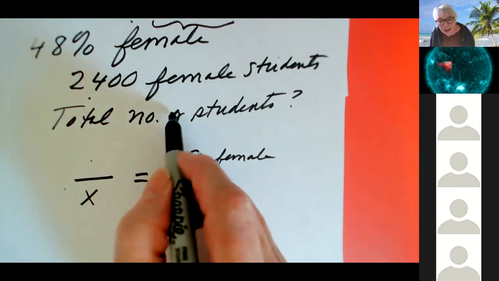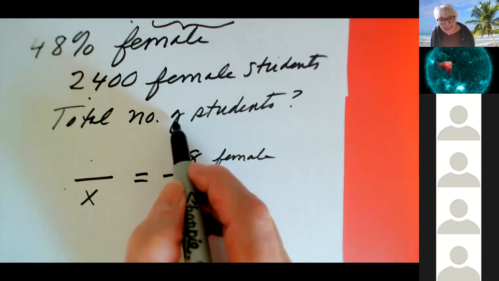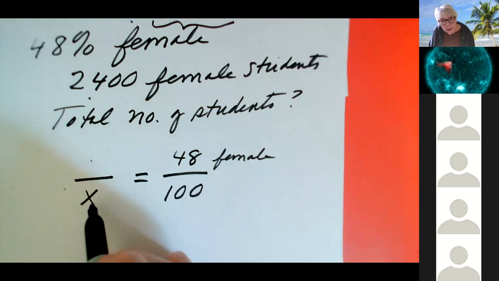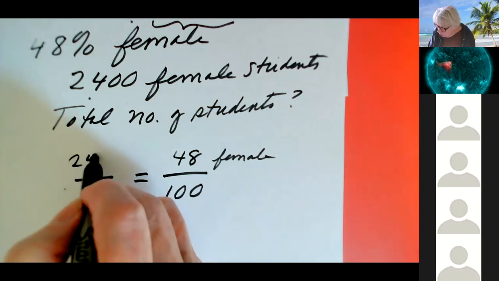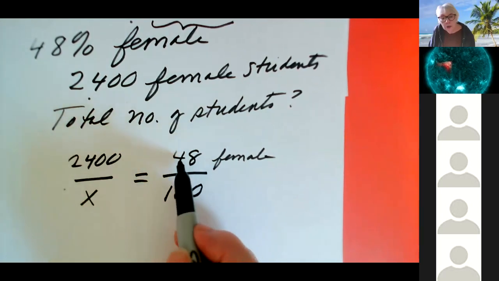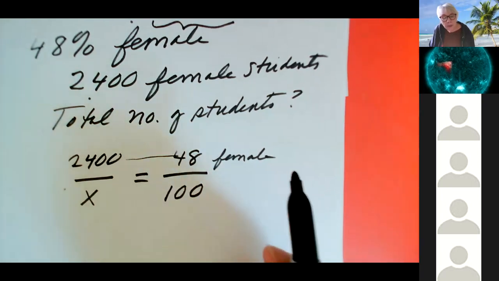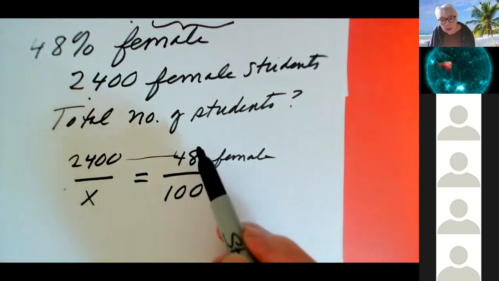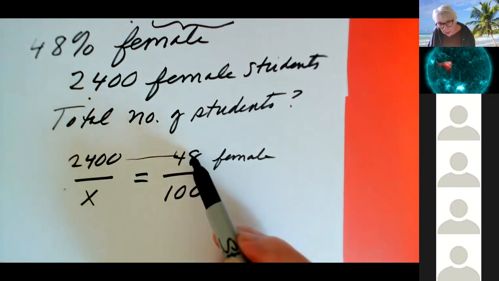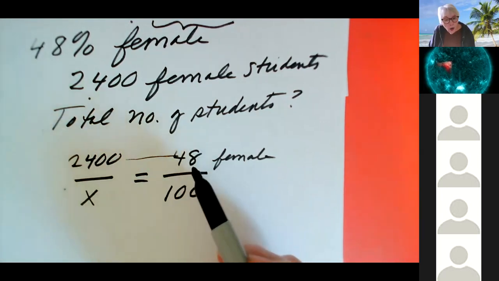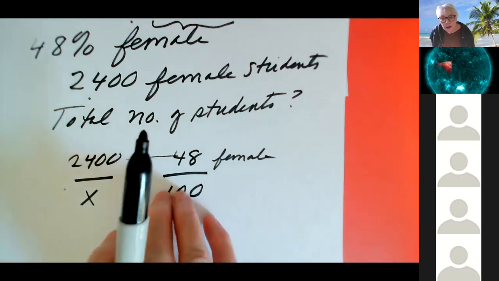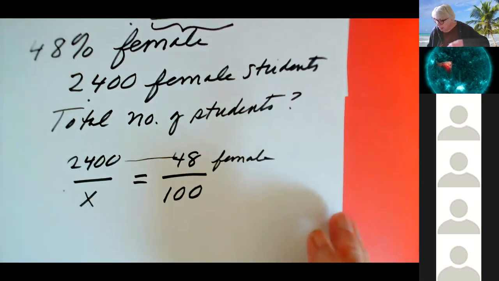Even the word of is sitting there: total number of students, the total goes here. So 2,400 goes lined up, this is the proportion. This is female students, this is female students. This will now solve, and you're expecting something almost double this, aren't you? Like 4,800, maybe 5,000. Let's find out.